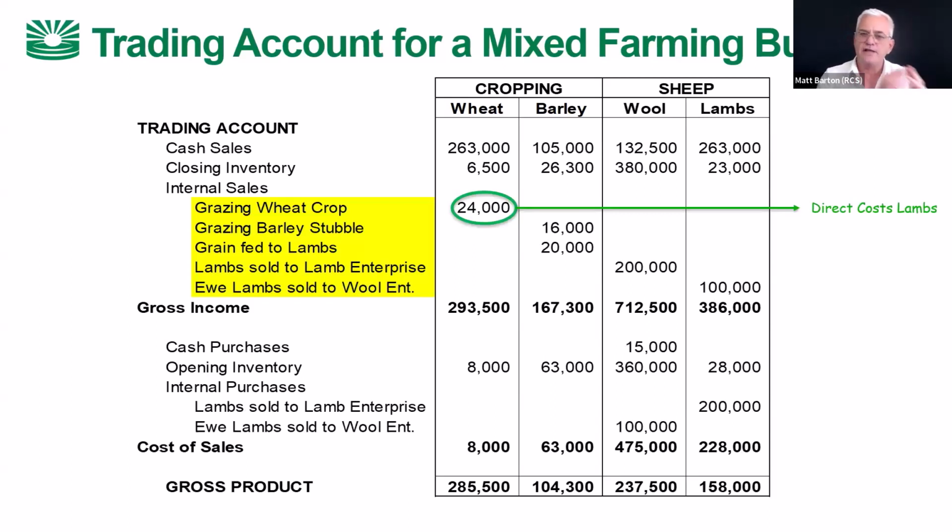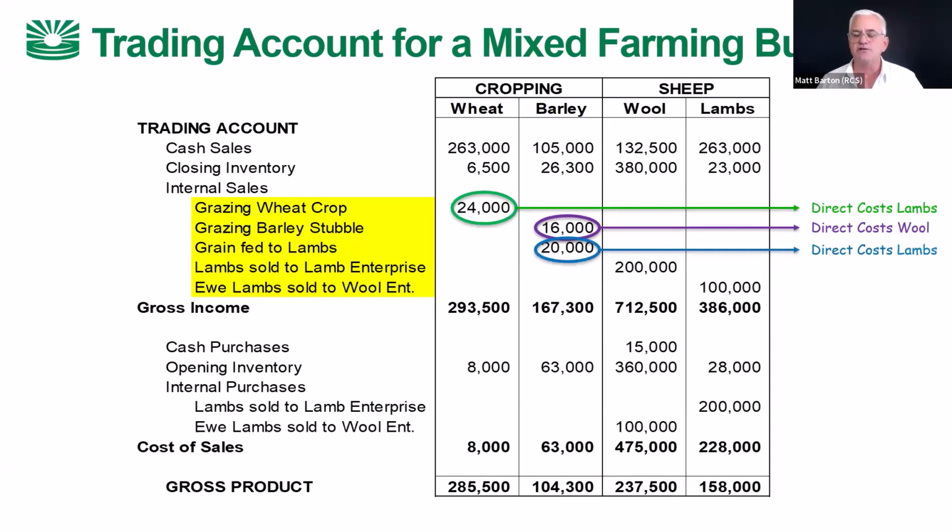So it's a transfer on the cropping side, but it's a direct cost on the lamb side because they've turned it into dung. Barley grazing stubble, it's a direct cost to the wool or ewes, whatever you want to call them. And then the grain fed to lambs is a direct cost to lambs because they've utilised that feed and turned it into dung. It's not available then for elsewhere.